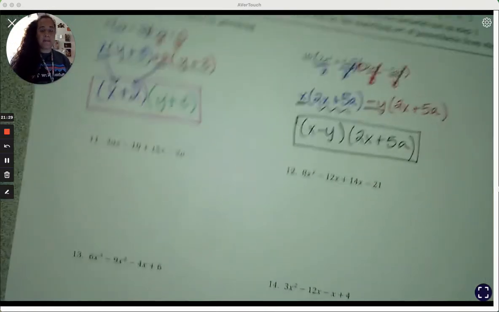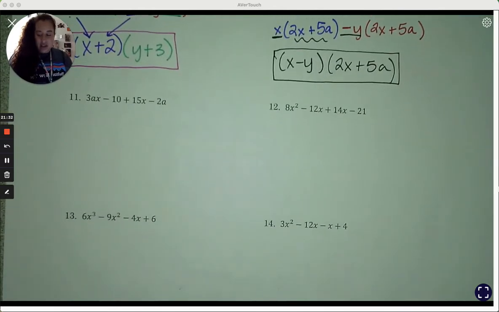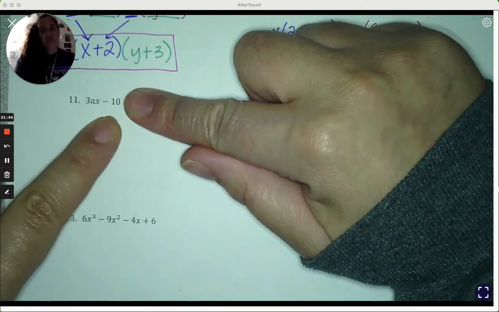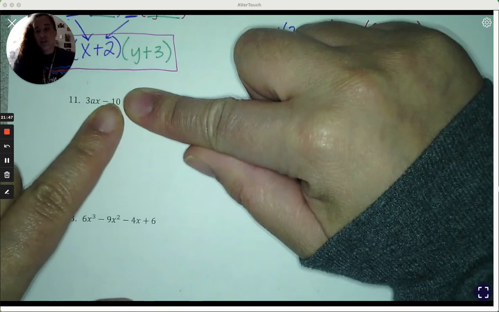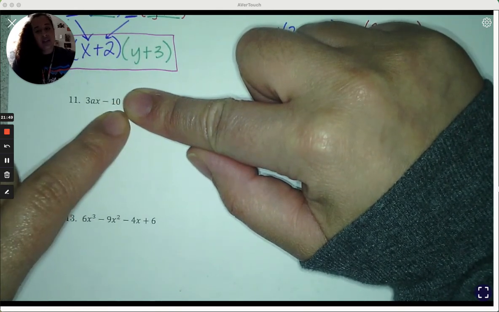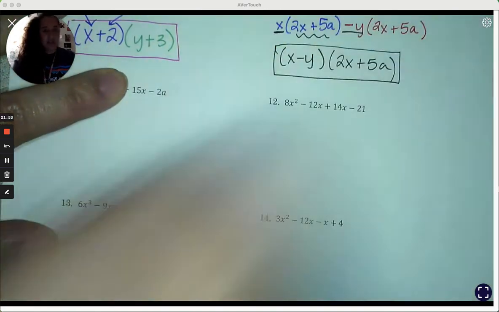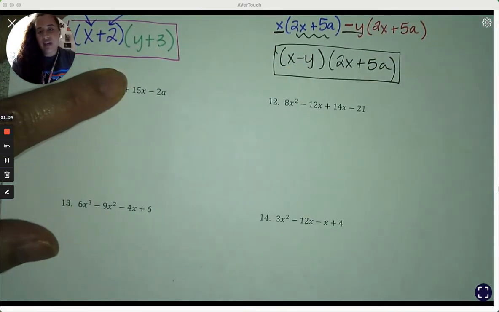Looking at number 11, the first thing I notice is that if I keep this problem the way that it is, I cannot factor anything. If I looked at that as my first factor, 3 and 10 don't share a factor at all, and 10 doesn't have an a or an x to factor out. If I kept it this way, same, can't factor anything out.